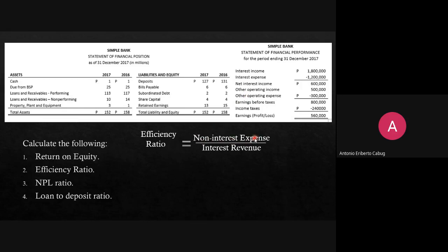Do we really need them? Of course, we need to pay for them. But for every peso that we pay for these expenses, it should at least provide interest income to the bank. Now, for the efficiency ratio, the lower the ratio, the better, because the expense is in the numerator and revenue is in the denominator.